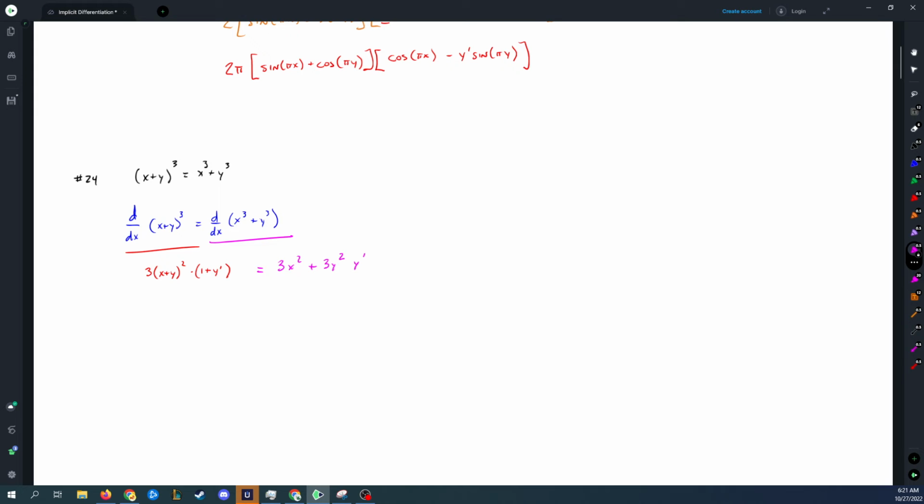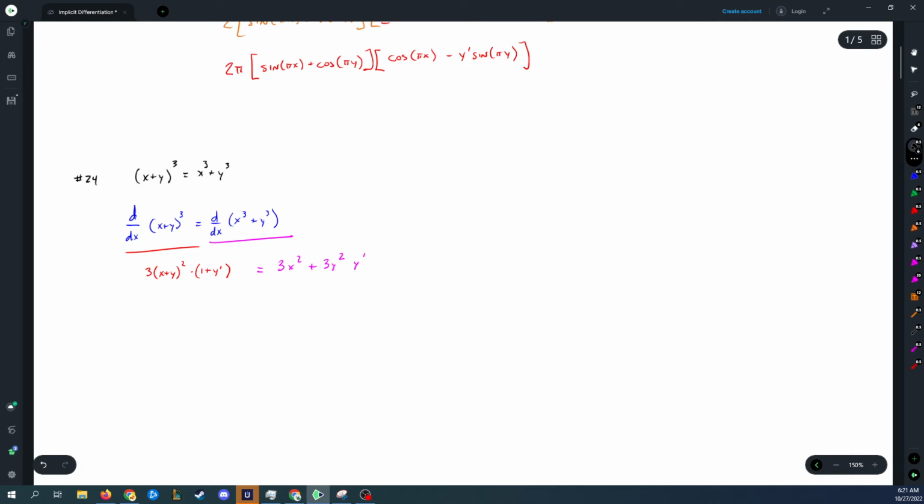This is where you could have expanded this using the binomial theorem and then gone through, did some subtractions, and you'd end up with a slightly cleaner, and I use that in quotes, a slightly cleaner equation.